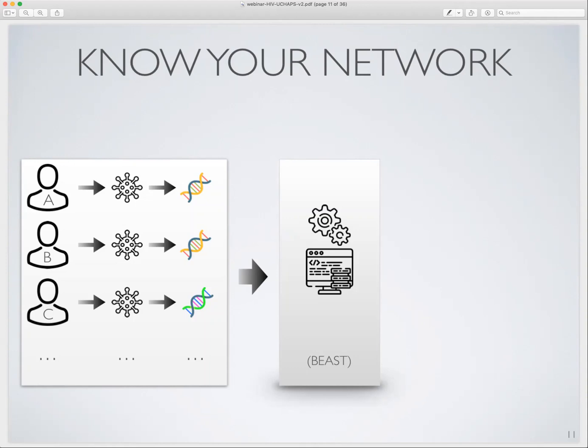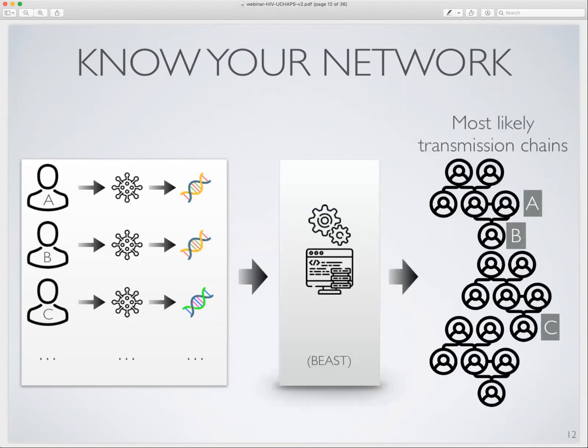You input these data sets into the model, and then the model is going to infer the most likely transmission chains. In this example, one of the most likely transmission chains infers that patient A transmitted directly to patient B, whereas C is much further away from this transmission event. So this is how the most likely transmission networks can be reconstructed.